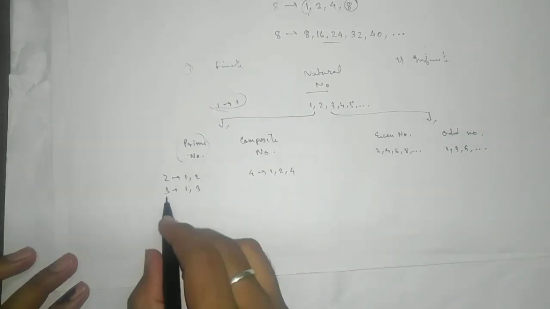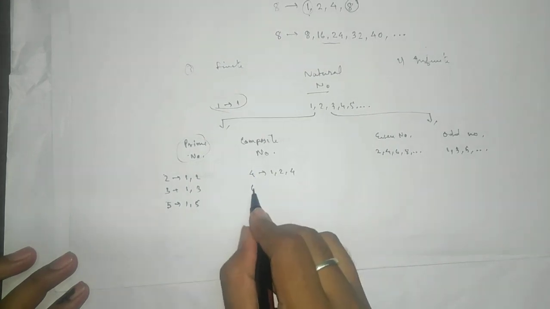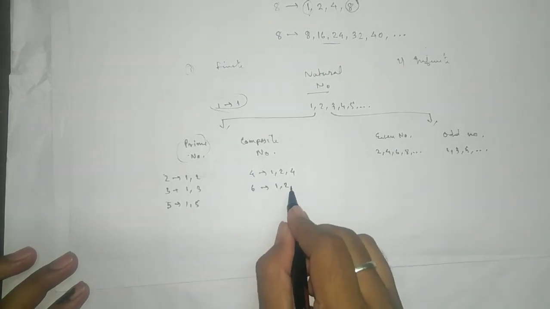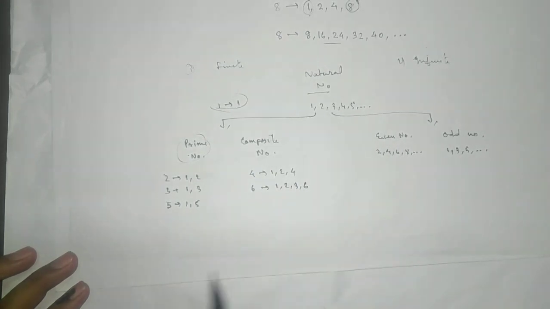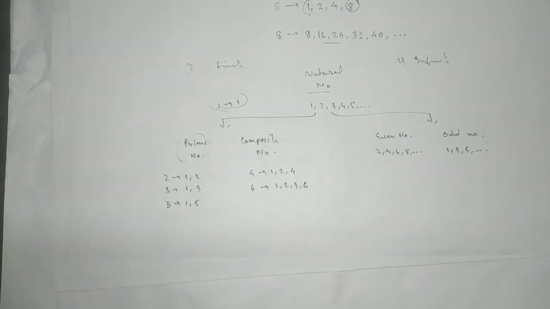One more example, 5: its factors are 1 and 5. By this we can define prime numbers, composite numbers, even numbers and odd numbers. I hope you have understood.